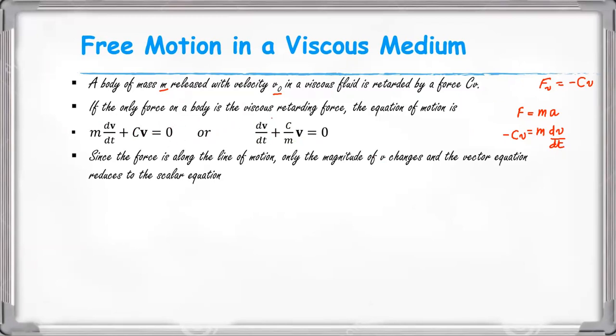Here the above equation is a vector equation, because the velocity is a vector quantity, and we use bold letters to denote a vector quantity.